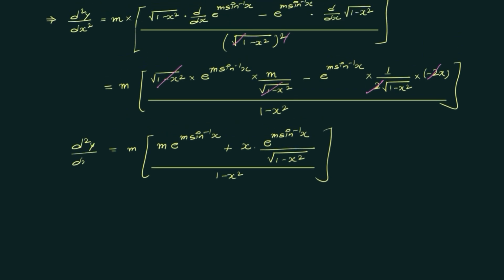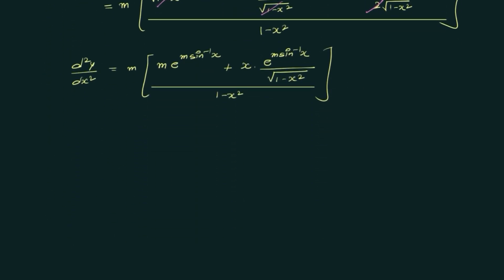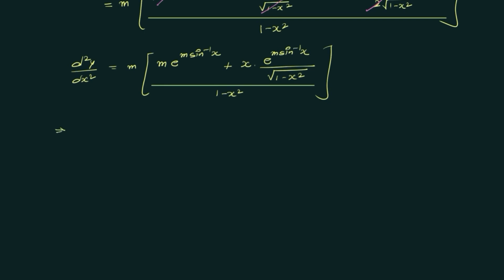So this is the value of d2y by dx2. Now we need to find the value of d2y by dx2 when x equals 0. So let us put x equals 0: d2y by dx2 when x equals 0 equals m into m e to the power m sine inverse of 0.